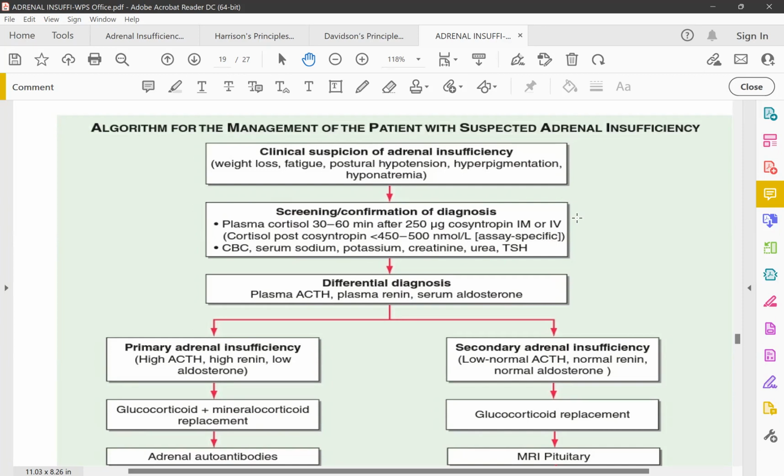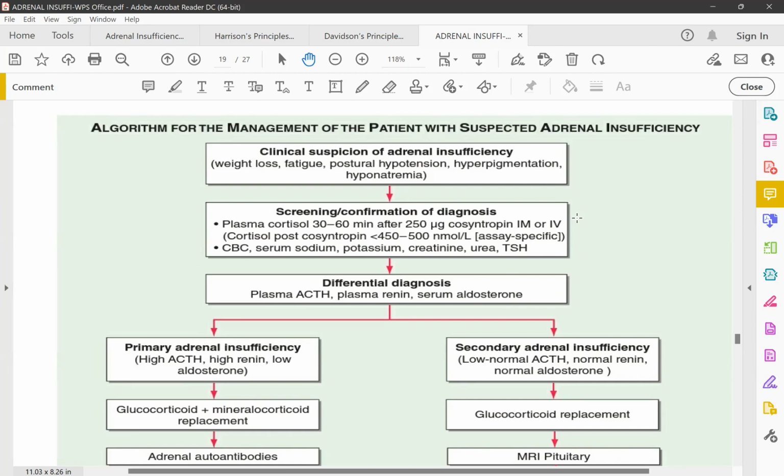Do some routine blood tests: CBC, electrolytes, particularly potassium and sodium, look at creatinine and urea and other associated endocrine abnormalities, particularly TSH. Then you have the ACTH stimulation test. Cosyntropin is nothing but a synthetic ACTH. You give 250 micrograms of ACTH and measure the plasma cortisol around half an hour to 1 hour later.